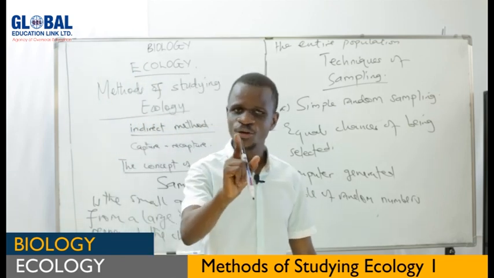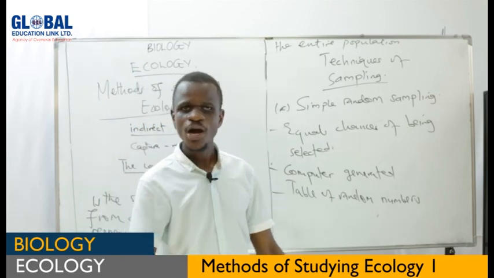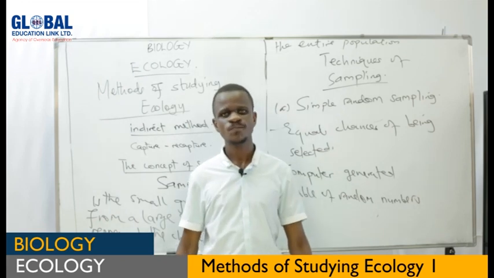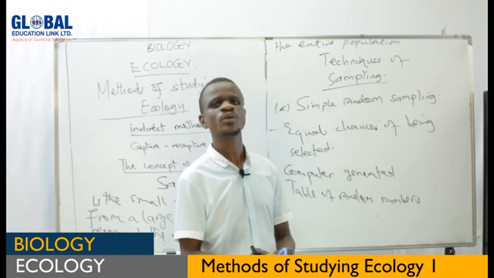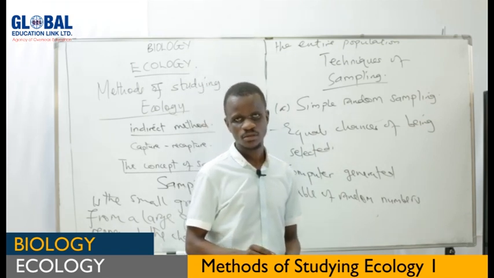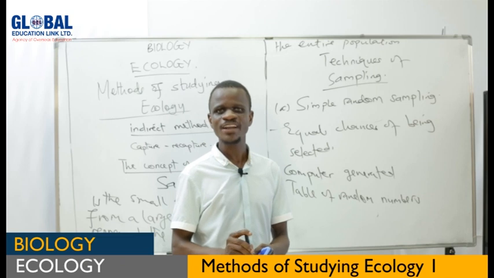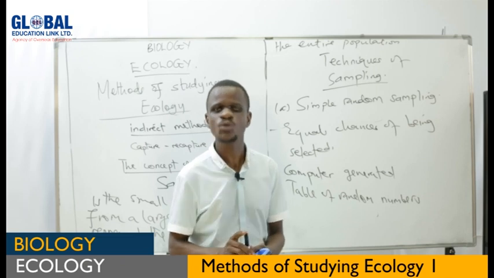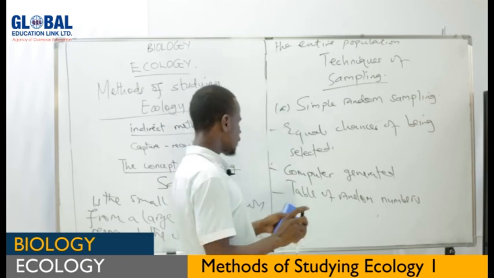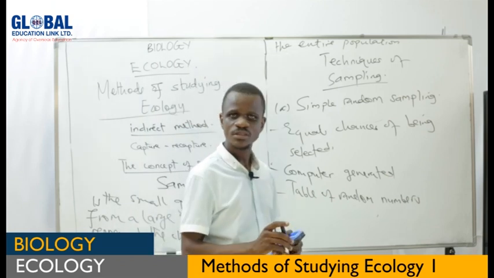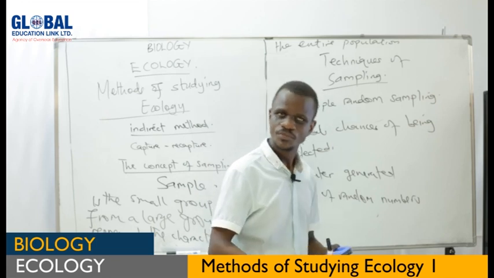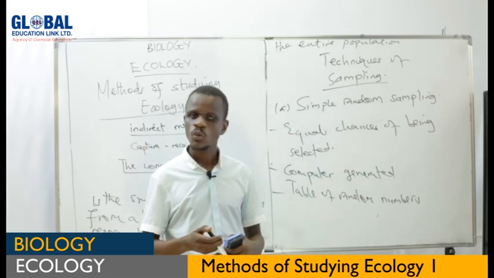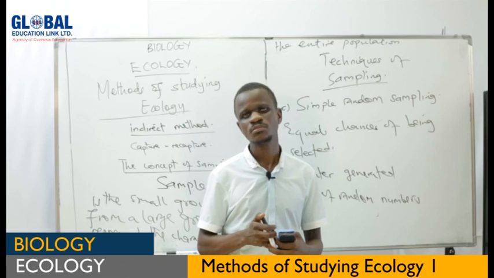Therefore here, as an ecological investigator, you have no room of having a certain interest to a particular member. All individuals have an equal chance of being included in your sample. For example, if you use a table of random numbers, a number will be picked randomly without you knowing. Hope you are following my students.